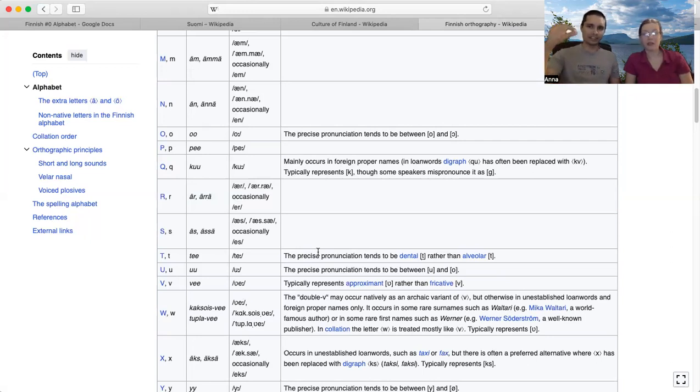You would write the H if there were any aspiration. If there's no H, there's no aspiration. I think this is the biggest problem for English speakers, especially British speakers. If they got rid of the extra aspiration, they would pronounce Finnish much better.